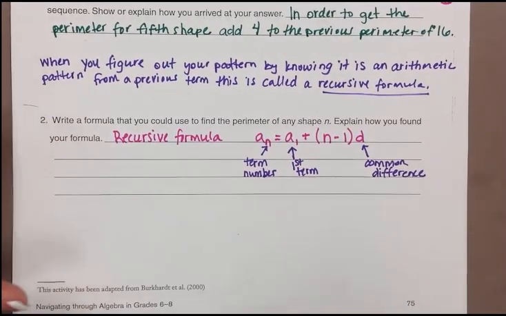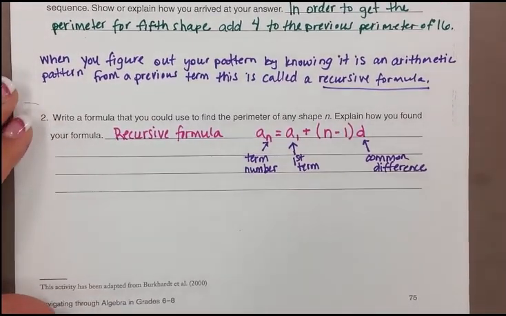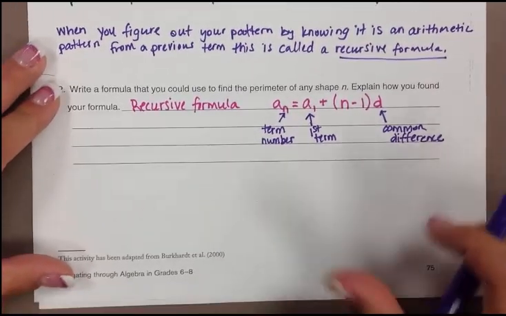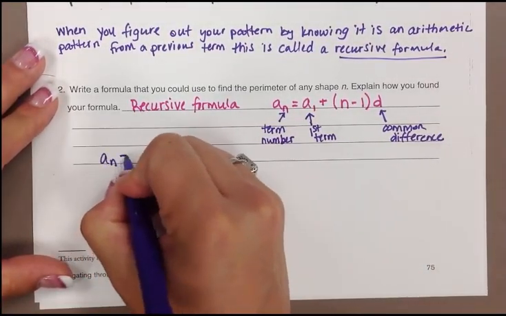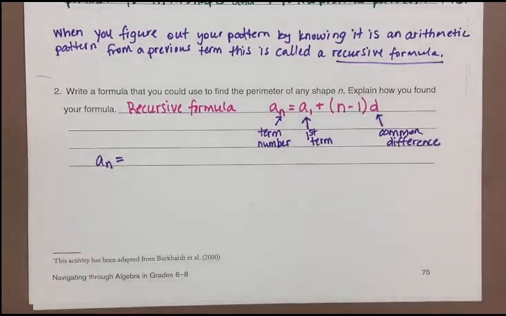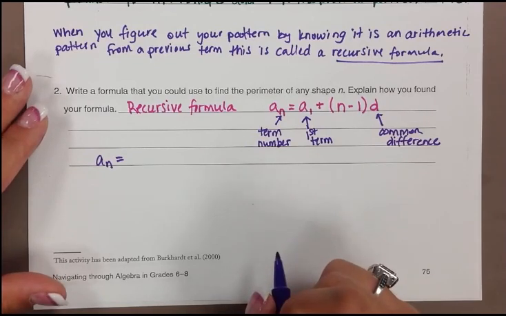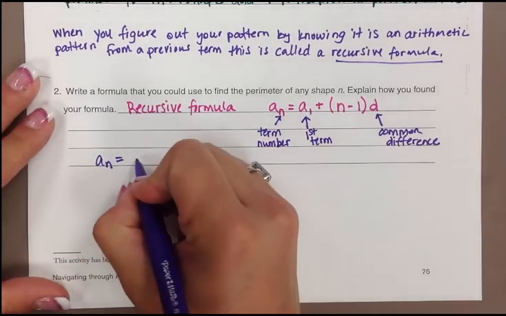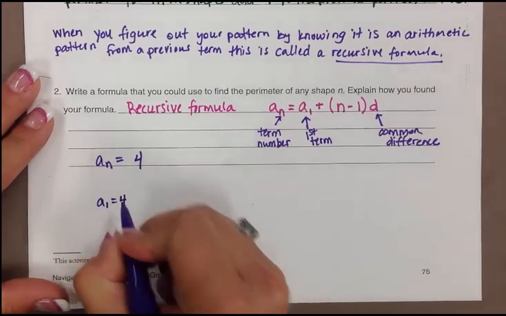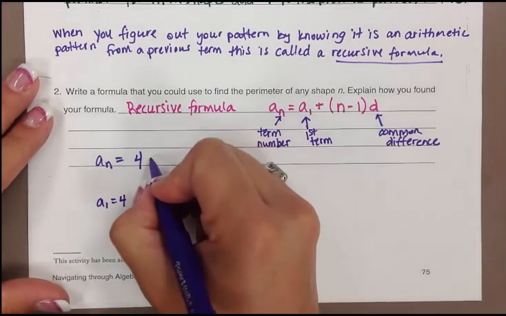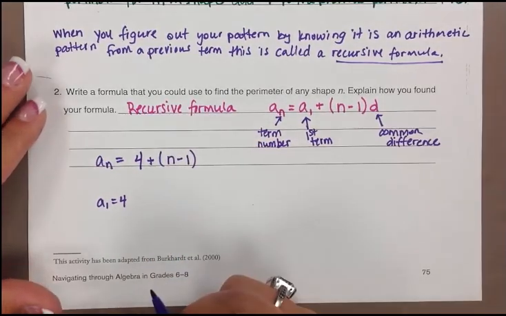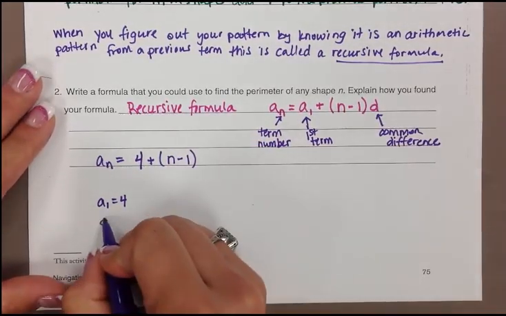So using this, we want to use the information that we found above to fill in our formula. So a sub n is the number that we want to know. It's asking us to find for any shape. Our first term, so our very first shape, is equal to 4. So a sub 1 is equal to 4 plus our n minus 1 multiplied by d.